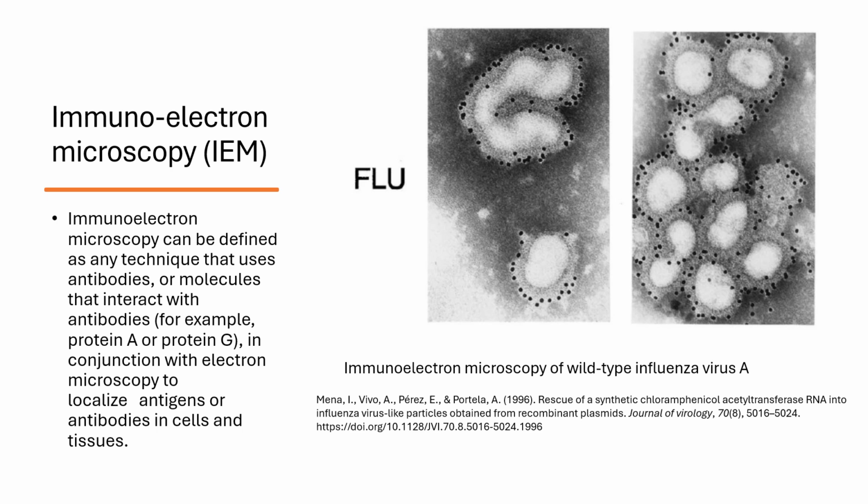IEM can detect very small amounts of virus, making it a valuable tool for diagnosing viral infections. Localization. IEM can be used to determine the location of viruses within cells or tissues. This information can be helpful for understanding how viruses infect cells and cause disease.